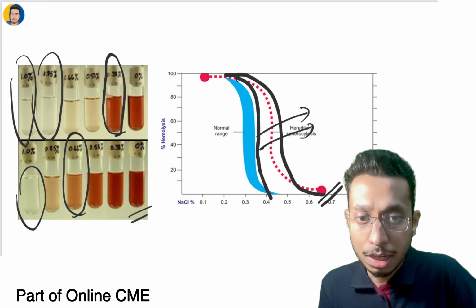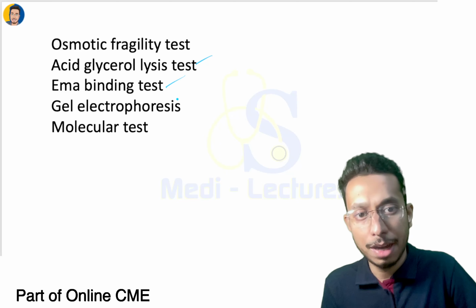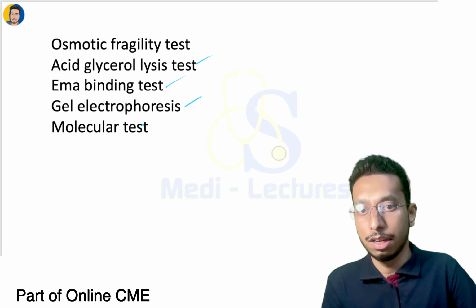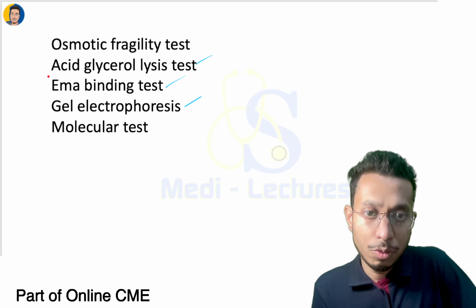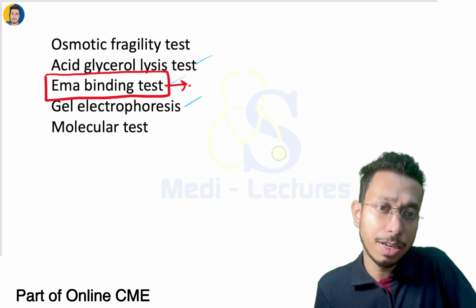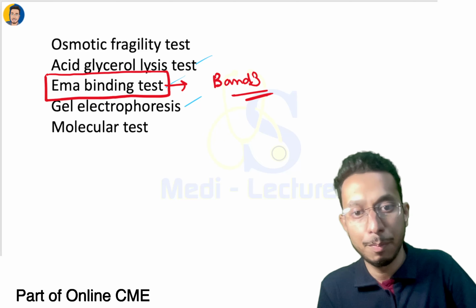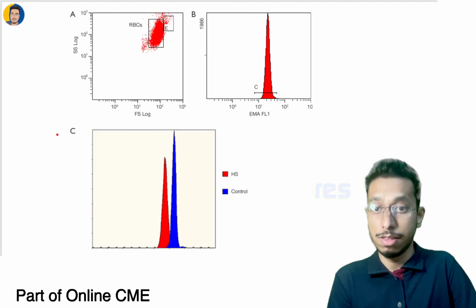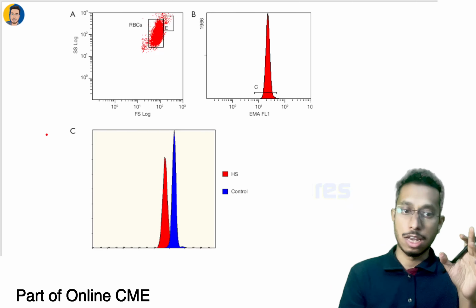Okay, so what are the other tests employed? Other tests employed are the acid glycerol lysis test, EMA binding test, gel electrophoresis, and the molecular test, which is obviously the gold standard for diagnostic purposes. Now the EMA binding test is one which is clinically used nowadays, and it checks nothing but band 3 binding. What is employed here in EMA, or eosin-5-maleimide dye binding test, is nothing but a flow cytometric test.